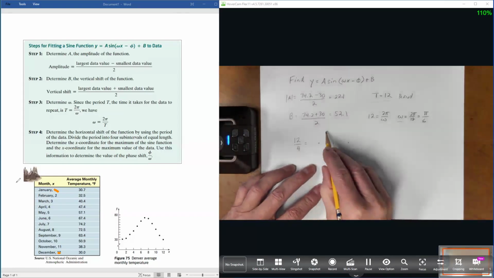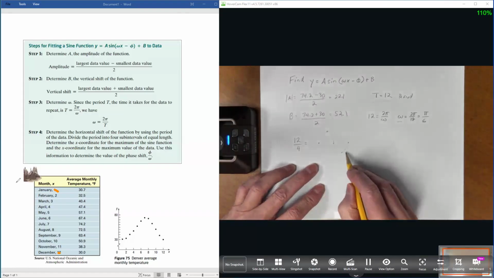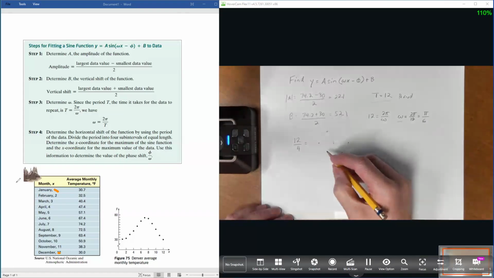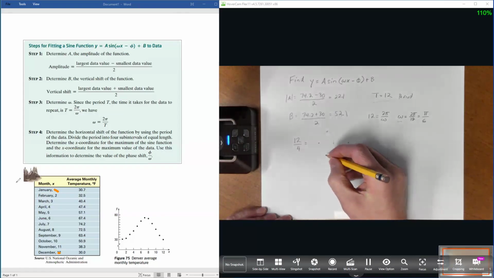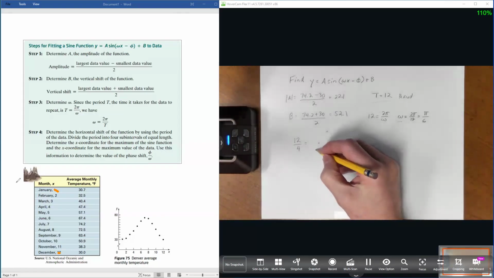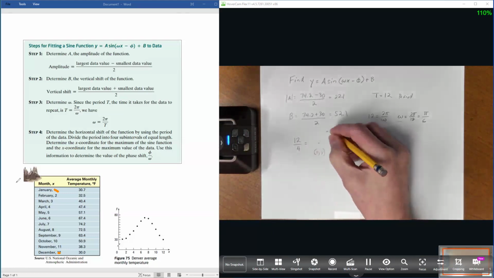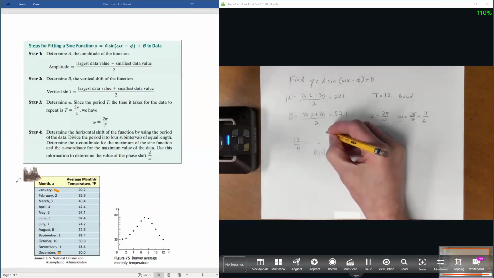So we had 4 intervals. And we know that the first one started at 0, and then there's some y value here.